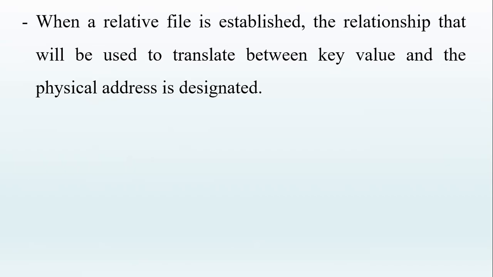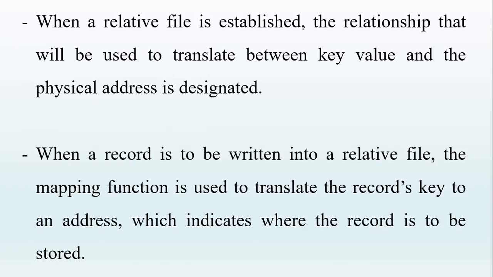When a relative file is established, the relationship that will be used to translate between the key value and the physical address is designated. When a record is to be written into a relative file, the mapping function is used to translate the record's key to an address which indicates where the record is to be stored.